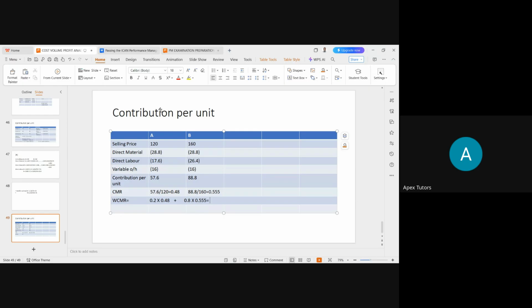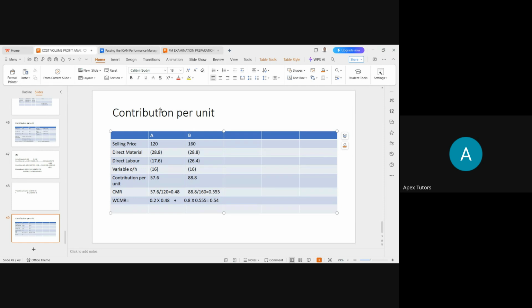When you punch your calculator, the result is 0.54. So this is the weighted contribution margin ratio. Why are we using it? Because we want to determine the combined sales revenue to be derived.